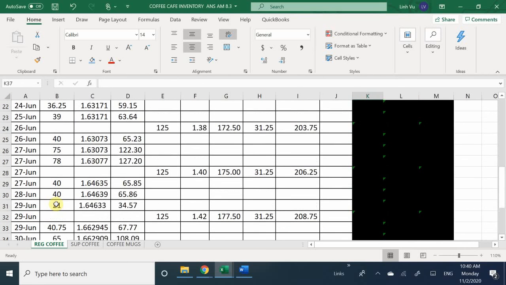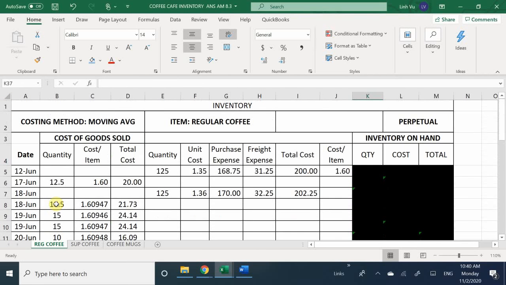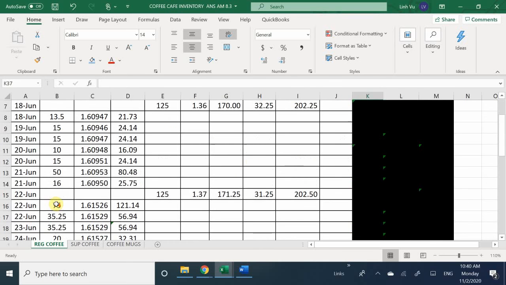So you could see how many pounds you have. Okay, so what did we calculate? The pounds of coffee. All right, well, what do we call that? Cost of goods sold. Good.